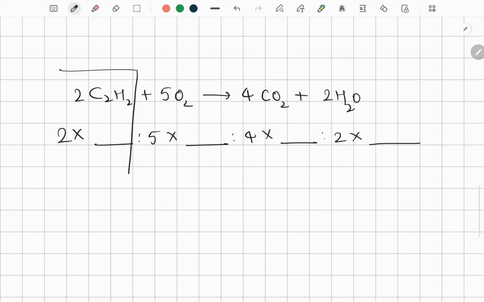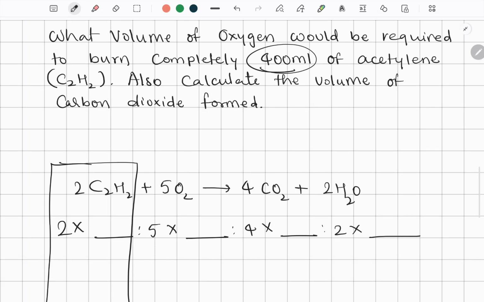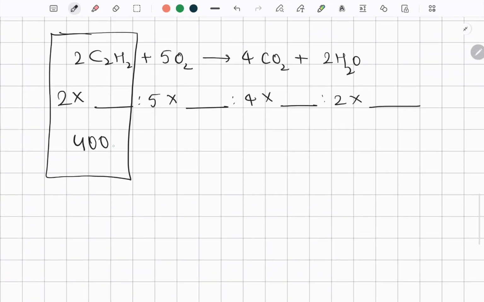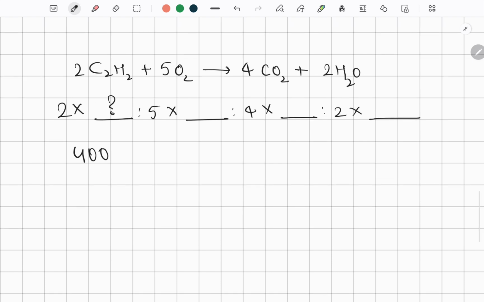Now if we talk about only acetylene, because only the volume of acetylene is given, which is a total volume of 400, after writing this, whatever volume is given, we write down below. Below this we write down the total volume given, so the total volume given is 400. But what value will come over here?